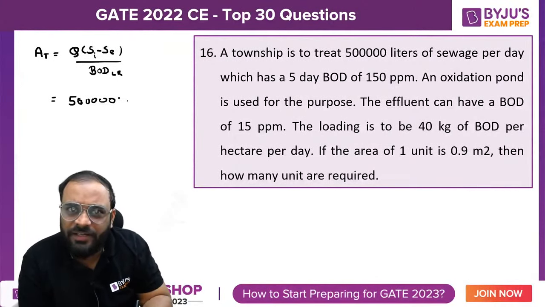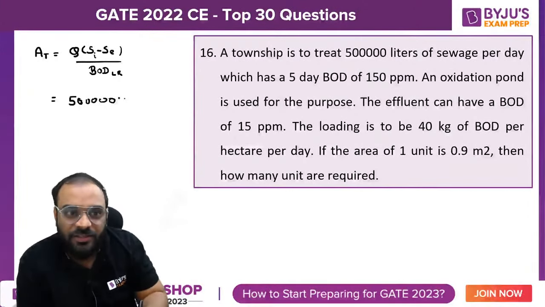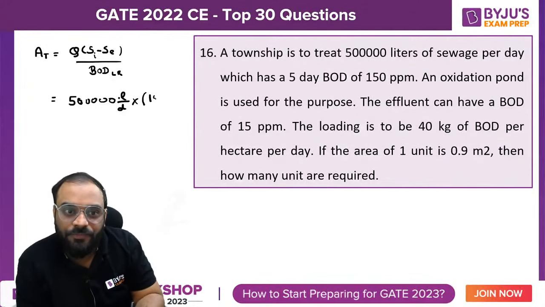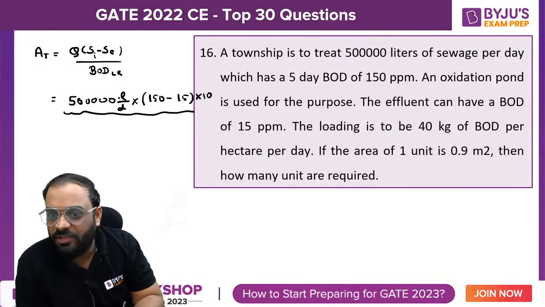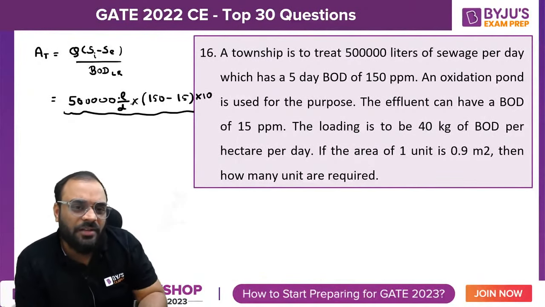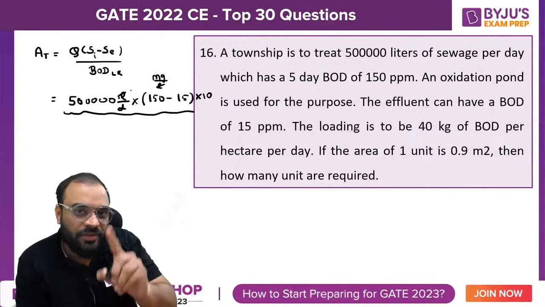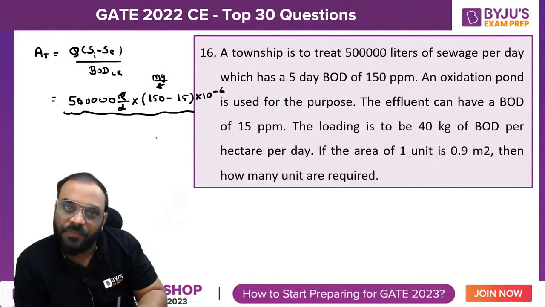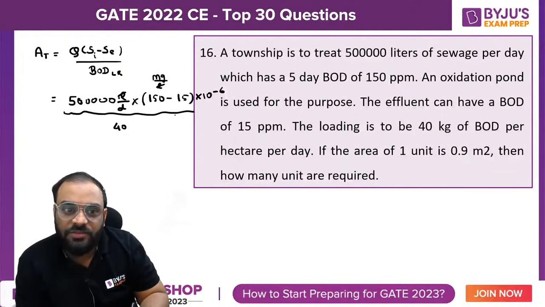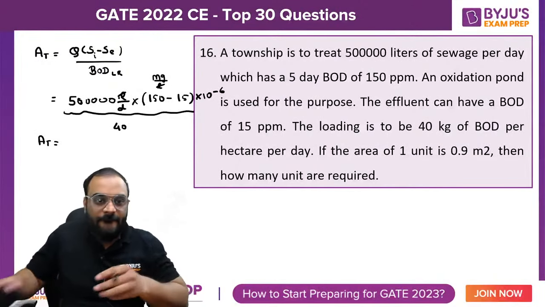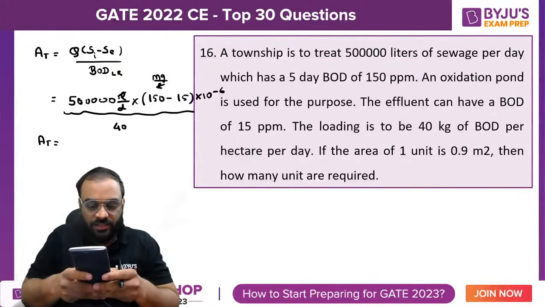Do not multiply it by 10 to the power 3 or 10 to the power 6, it is already in liters. So liters per day multiplied by influent BOD 150 minus effluent BOD 15. This value will be in milligram per day. It is in milligram per liter and this one is liter per day, so liter will get cancelled, but we need to convert it into kg, 10 to the power minus 6. Divided by 40. If you solve it, you will get the total area in hectare. How much are you getting, guys? Tell me.